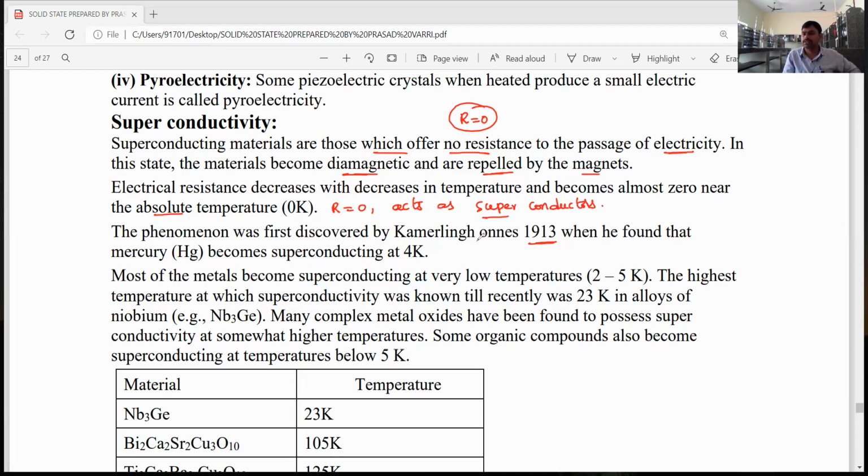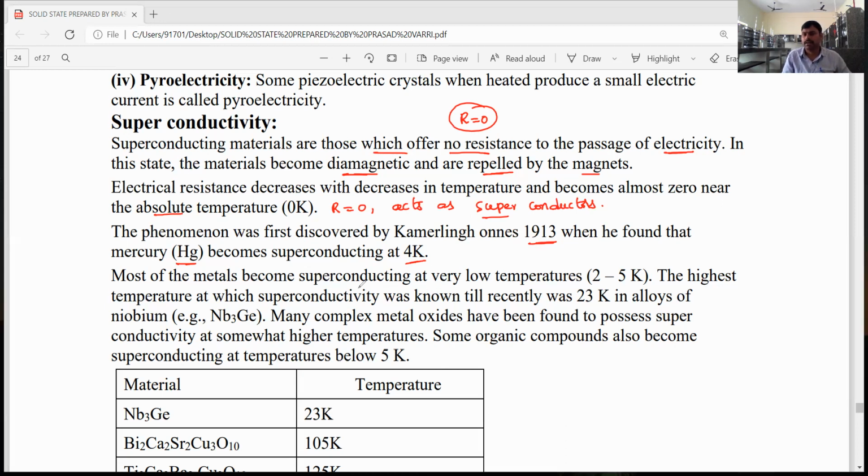Kamerlingh Onnes first observed superconductivity in 1913, at 4 Kelvin in mercury. At 4 Kelvin, mercury acts as a superconducting material because its resistance is 0.